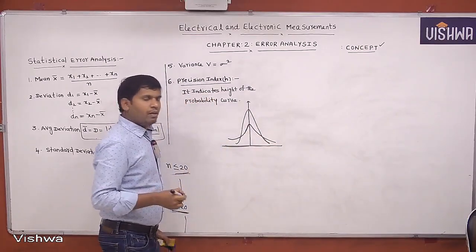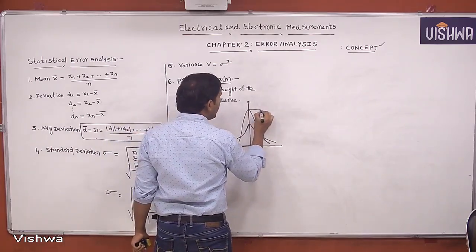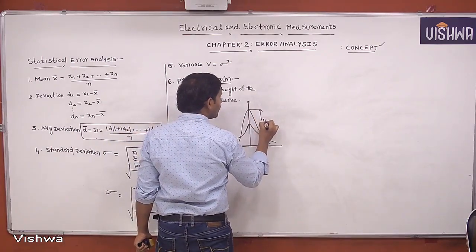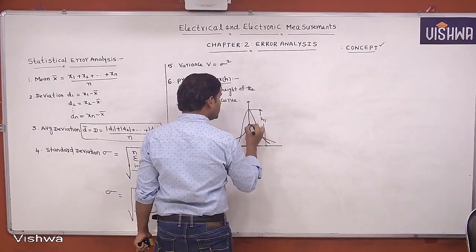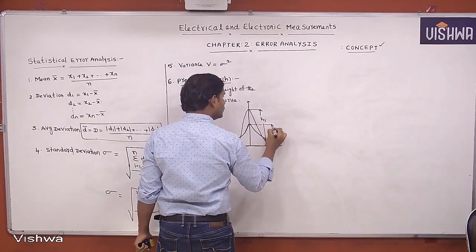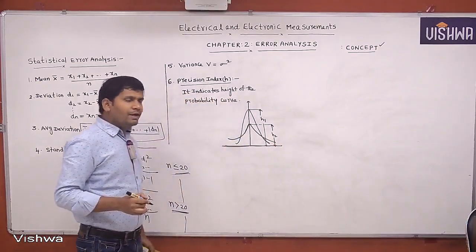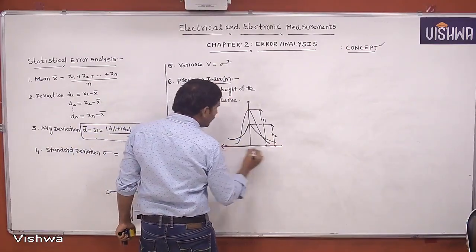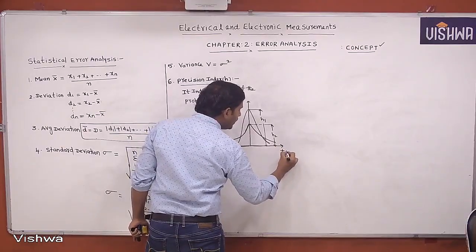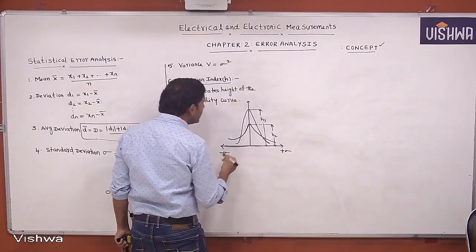Yes, let this is for H1 and this is for H2. What it indicates? In this axis you take deviation. Deviation is nothing but a standard deviation.